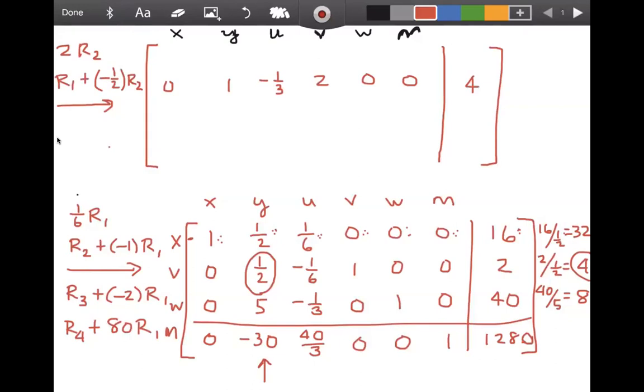Okay, so let's see. 1 plus negative 1/2 times 0 is 1. 1/2 plus negative 1/2 times 1 is 0. That was the whole point. Negative 1/6 plus negative 1/2 times negative 1/3 is negative 1/6 plus 1/6.